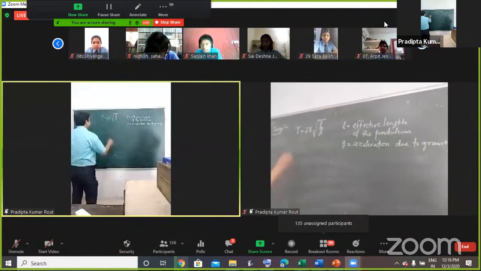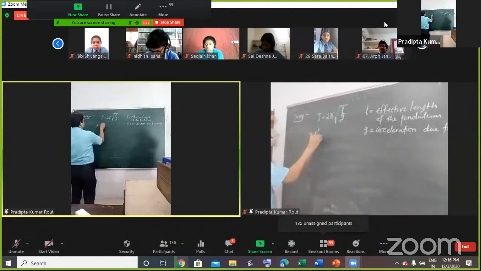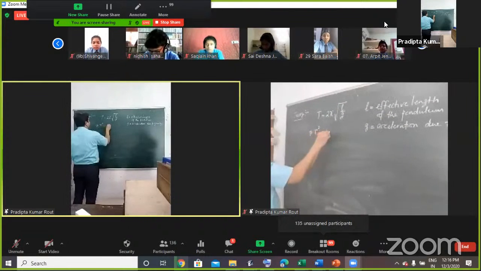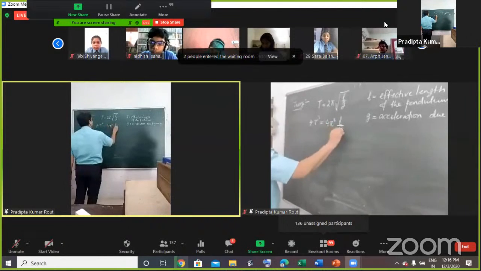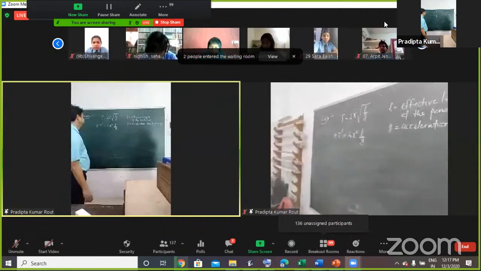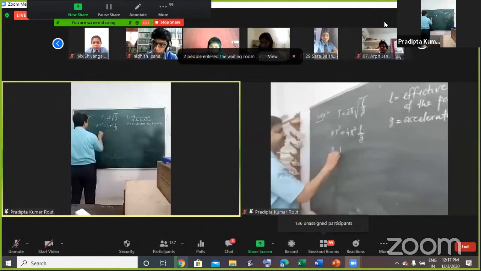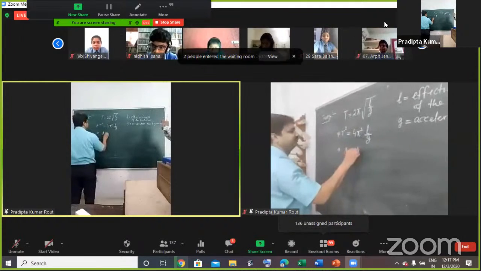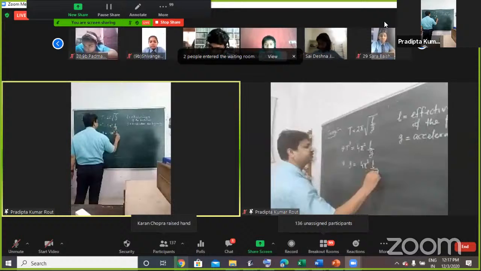Now, children, if I square both the sides, it comes out to be T square equals 4 pi square L upon G. Hence, G can now be expressed as 4 pi square L by T square.